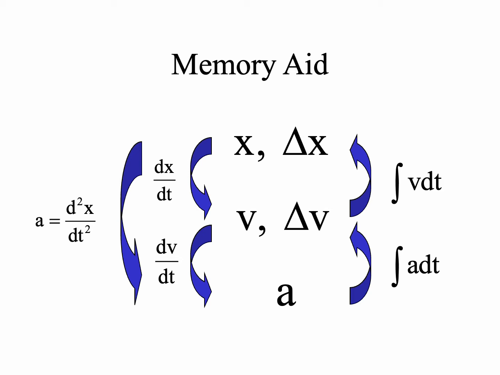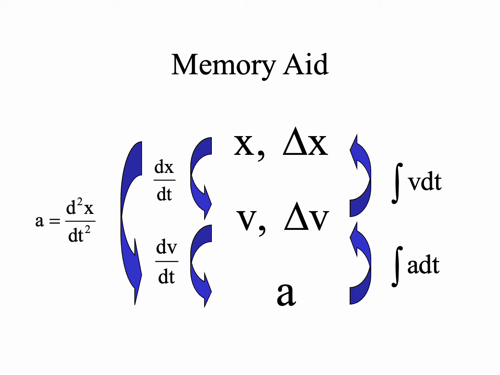Hopefully you've progressed far enough in your calculus class to know that taking two derivatives with respect to time is the same as taking a second derivative with respect to time. You take the first derivative, and then you take the derivative of that result with respect to time as well. That's what a second derivative is. So the second derivative of position with respect to time is acceleration.